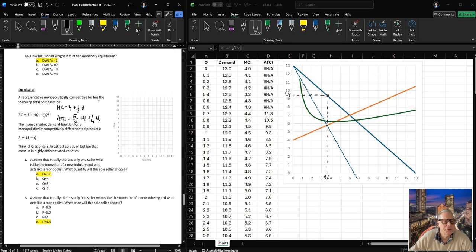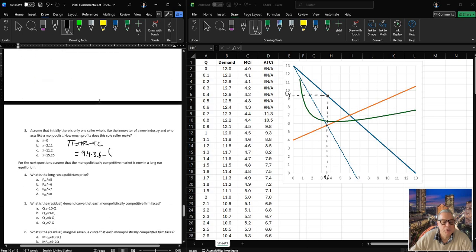The total cost function is 5 plus 4Q plus 1/4 Q squared.